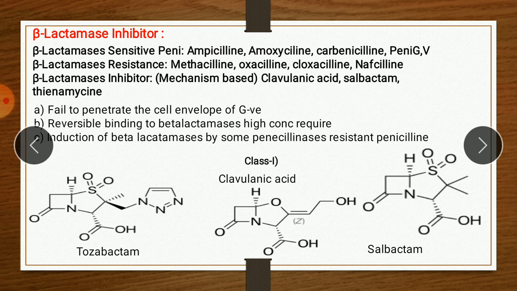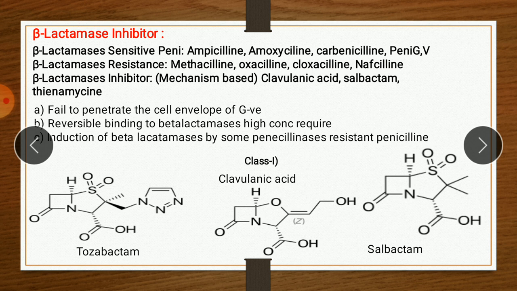Here the strategy of using beta-lactamase inhibitor in combination with beta-lactamase sensitive penicillin in therapy for infection caused by beta-lactamase producing bacteria failed to live up to its obvious promise.